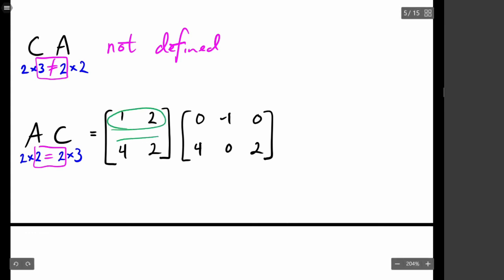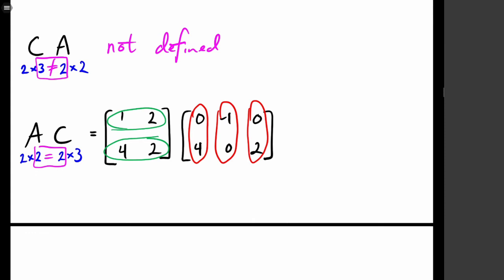So, row, row. Right? The second matrix is always broken into columns. Column, column, column. Right? Now notice even though these matrices are different sizes, the number of numbers in each of these circles I made are the same, right? So we can dot product these vectors, these ones, right?